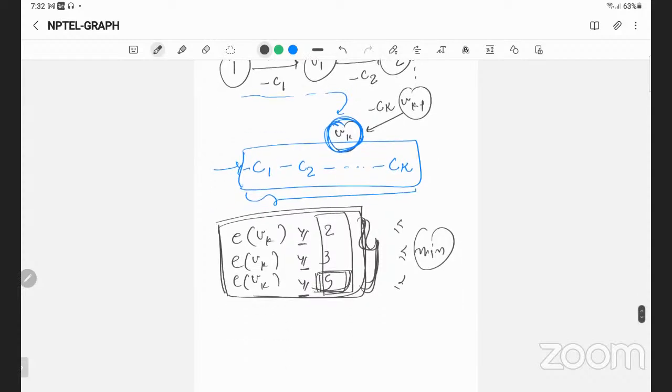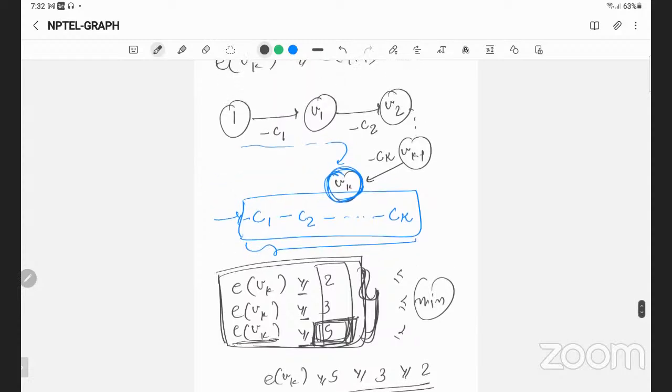Because if we consider EVk is greater than or equal to 5, it already satisfies greater than or equal to 2 and 3. So here we need to choose the inequality which has the maximum right hand side value, and that will give me the tightest lower bound of EVk.